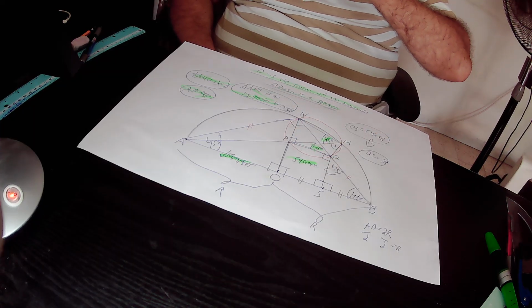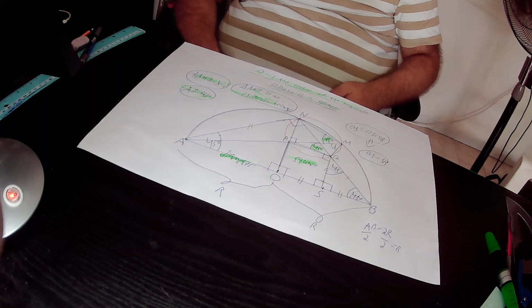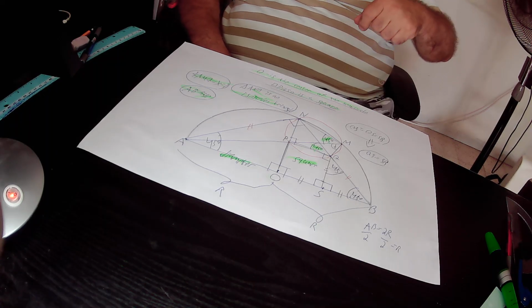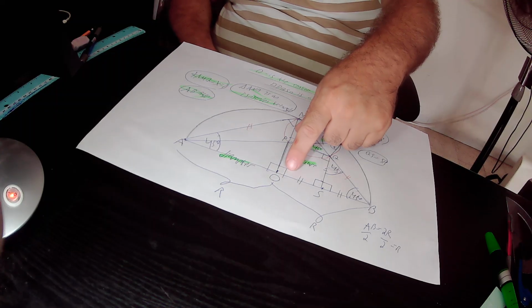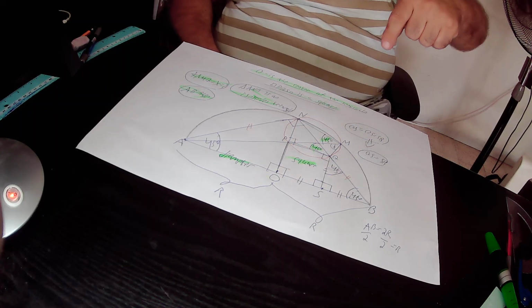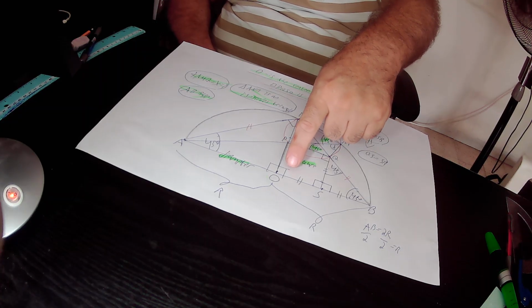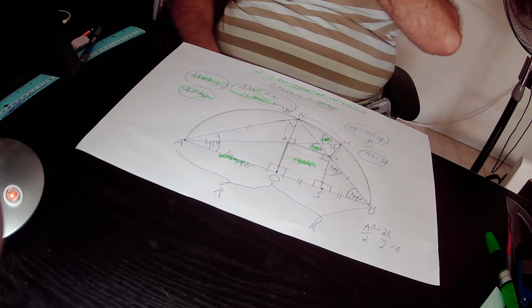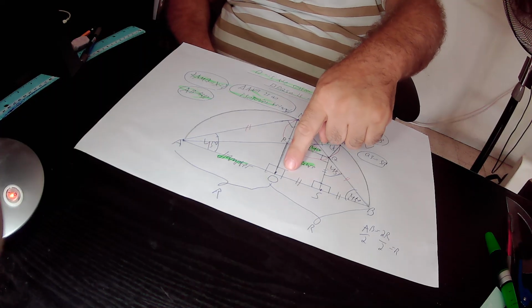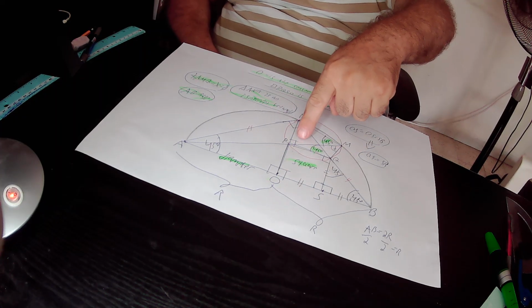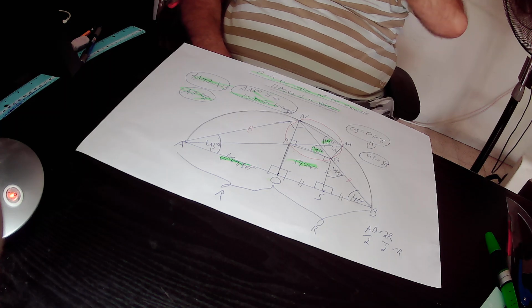And we have the rule that corresponding angles between parallel lines are equal to each other. Those two angles are defined as corresponding angles, and they are located between the parallel lines PQ and OS. And therefore those two angles must be equal to each other. But this is the right angle, therefore this angle must also be equal to 90 degrees in its size.